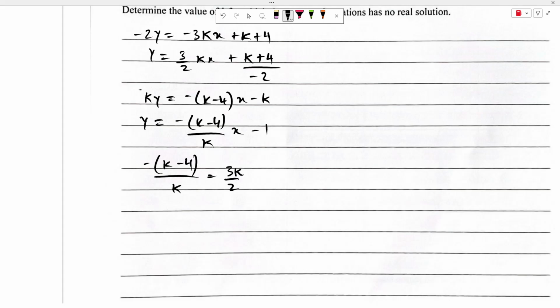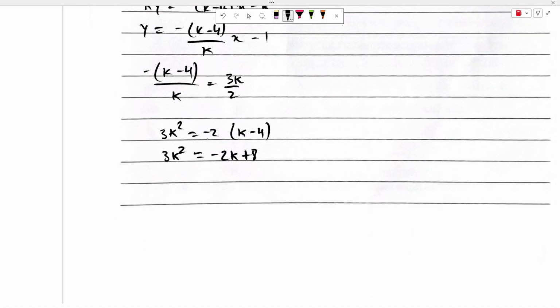And now cross multiplying, we're going to get 3k squared equals minus 2k minus 4. So 3k squared equals minus 2k plus 8. 3k squared plus 2k minus 8 is equal to 0. So 3k squared. And now we need two numbers that multiply to get negative 24 and add to get 2.